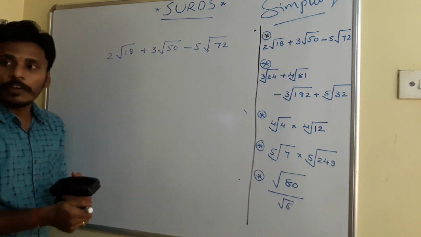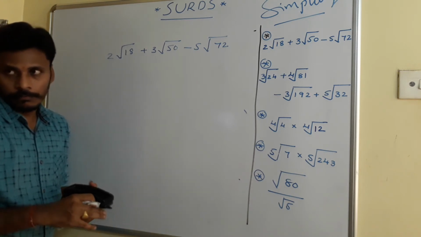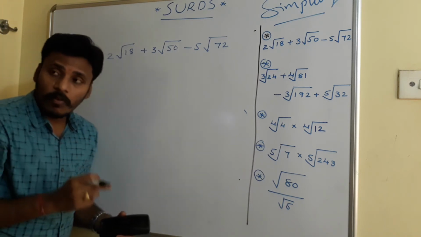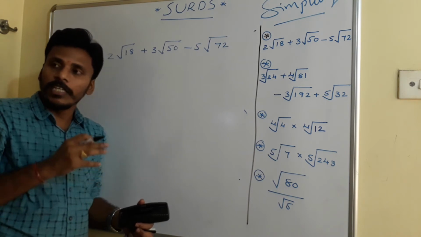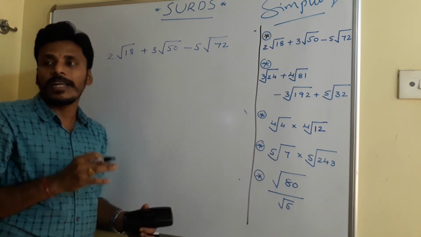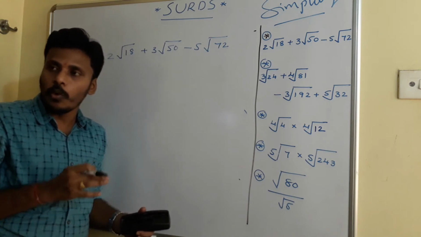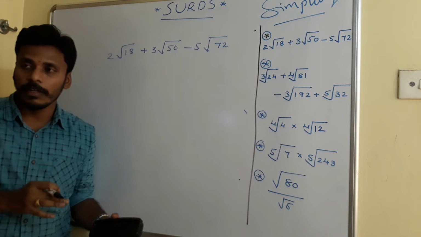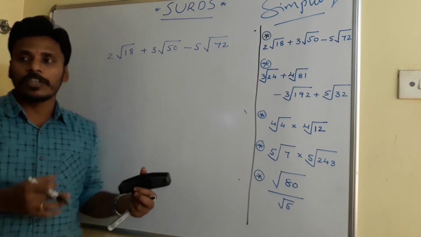To add or subtract 2 different surds, we need to maintain those surds in similar form, right? Addition and subtraction of surds is possible only if they are similar surds.